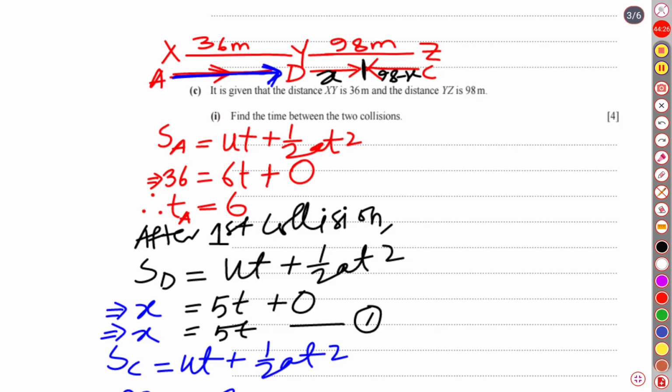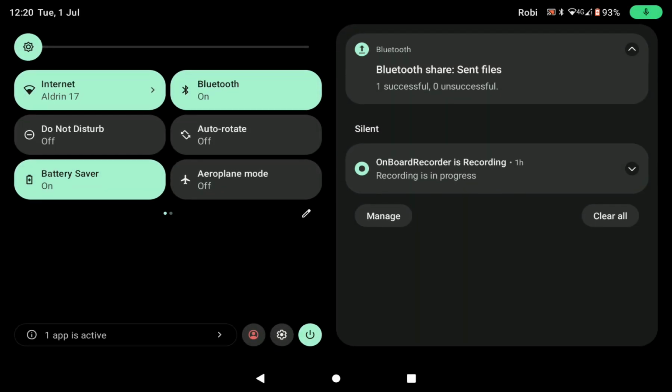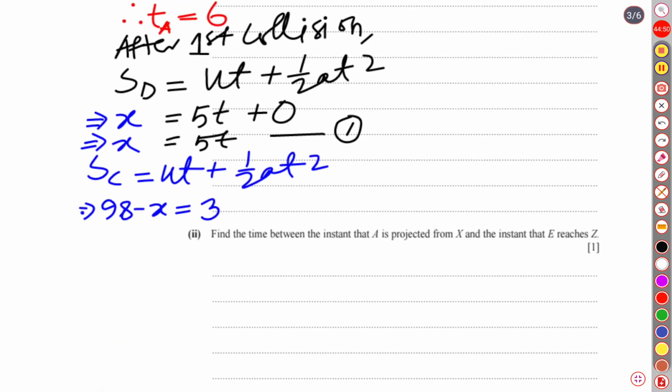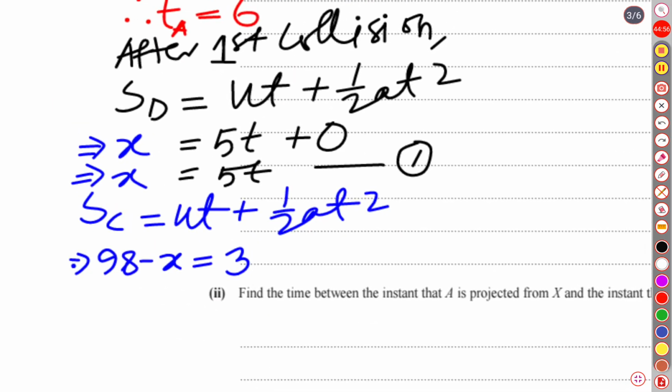For the case of C, remember we'll have to write t plus 2, because D's journey started from Y after the first collision, but C was continuously moving before the first collision, that means since the first moment. So for C, we will write t plus 2.